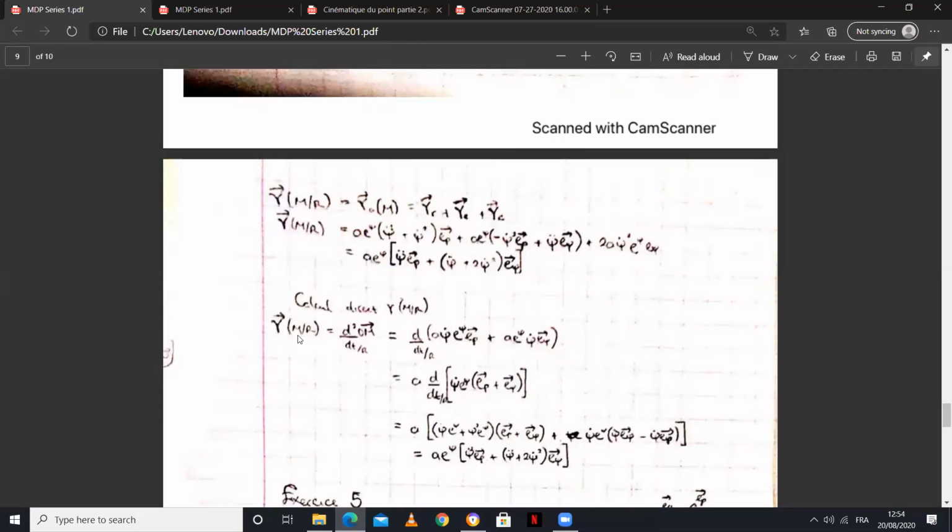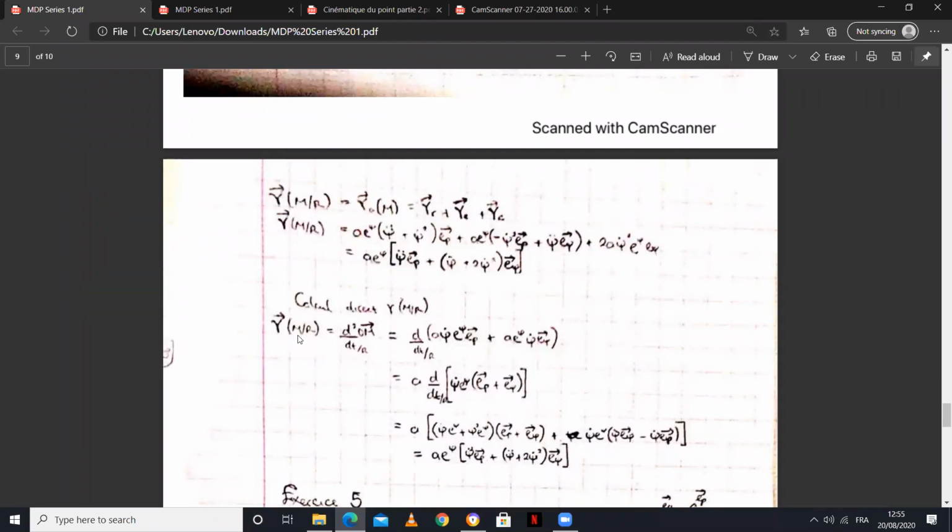So we'll be deriving OM de T dans R first. We get our expression there, and then we derive it again, our second derivative, because acceleration is a second derivative.